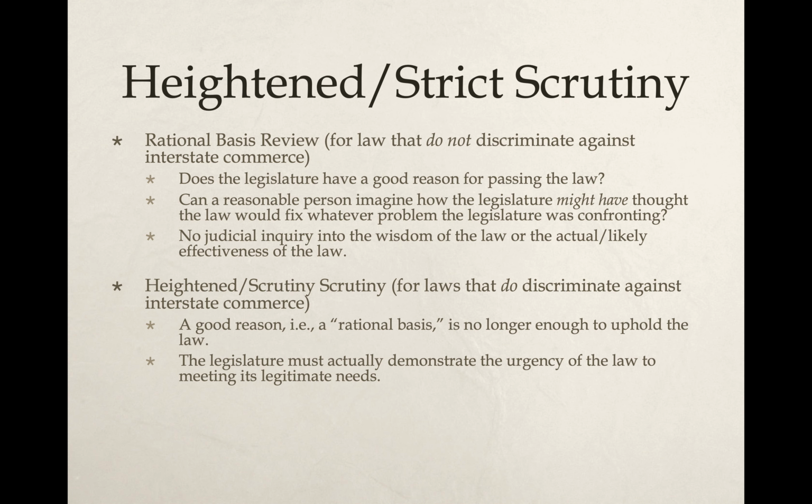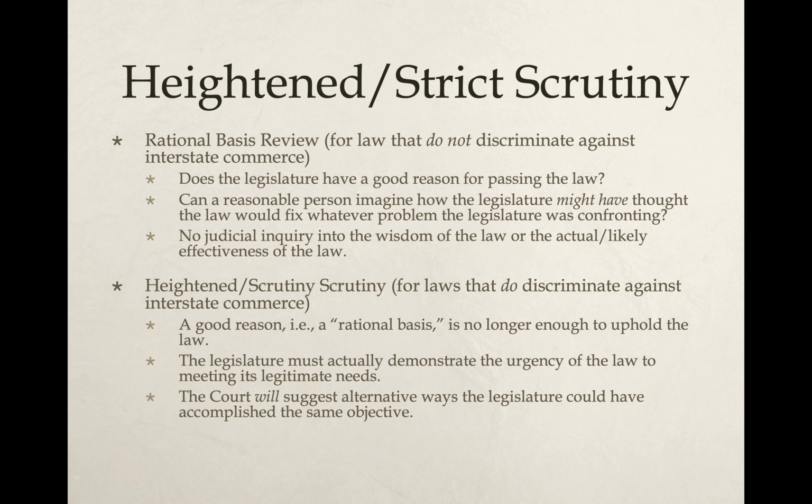So the state will have to now articulate a good reason for the statute, not just a rational basis for the statute. And unlike with rational basis review, the court will suggest alternative ways that the legislature could have accomplished the same objective. The court will say, I understand your reason, state, for passing this statute, but we see a different way that that same goal could have been accomplished that would do less damage to interstate commerce.